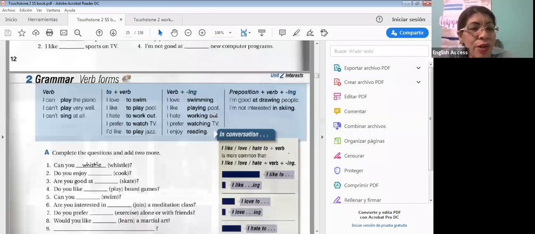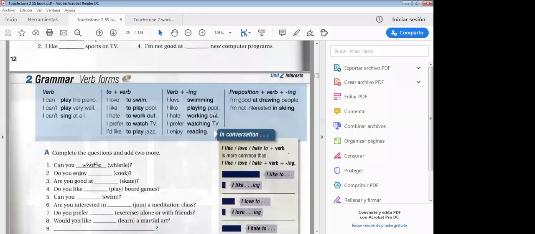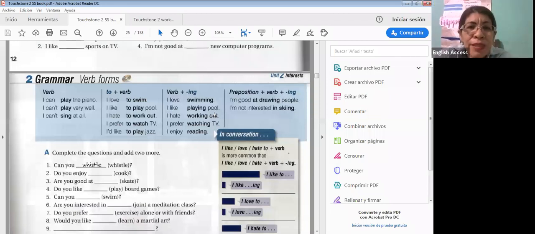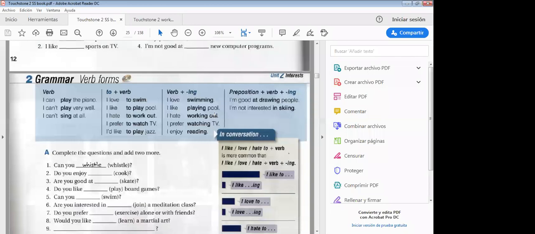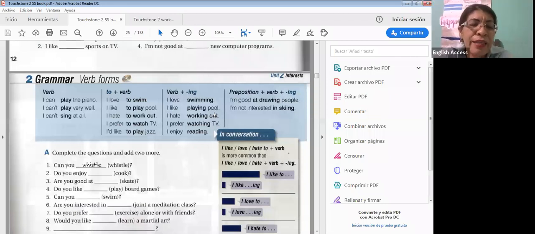Remember, enjoy, we're going to use it only with another verb with ing ending. When we use can, we use can plus verb in simple form: I can play, I can swim, I can cook, etc. With expressions like good at, interested in, we need a verb with ing ending.